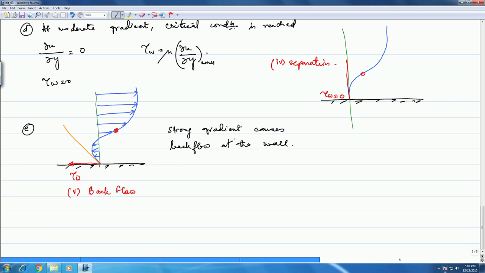The boundary layer thickens greatly, and the main flow separates from the wall.